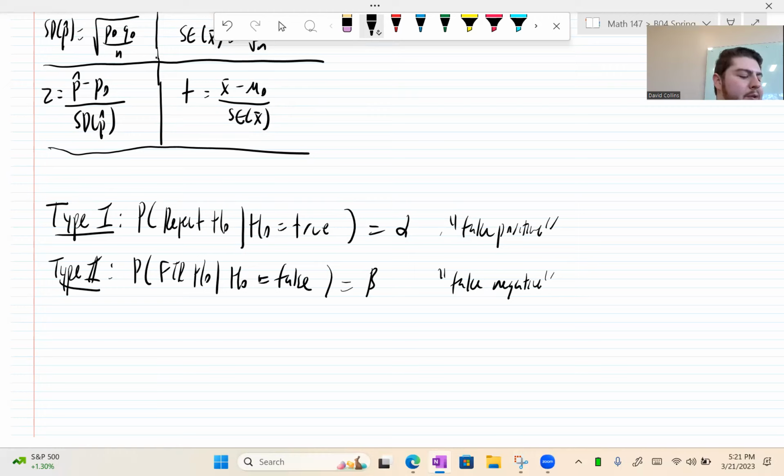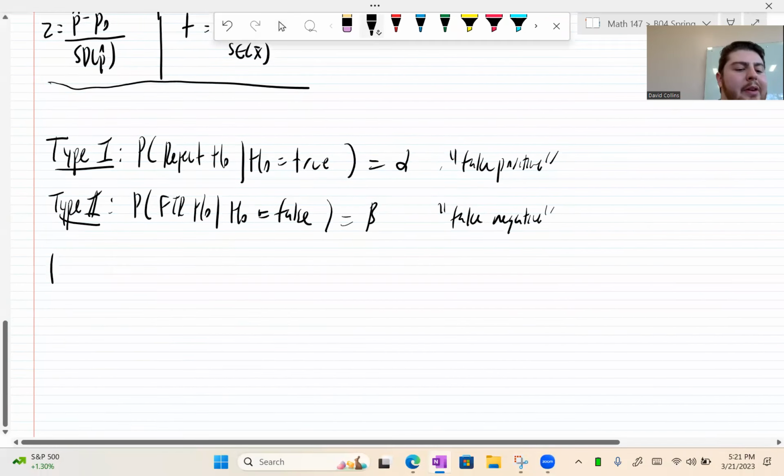Could argue type 2 errors are worse than type 1 errors. They're both bad. In like the US court system, because statisticians do hypothesis tests for certain cases, they usually require alpha 0.05 because that's a good trade-off of type 1, type 2 error. False positive.